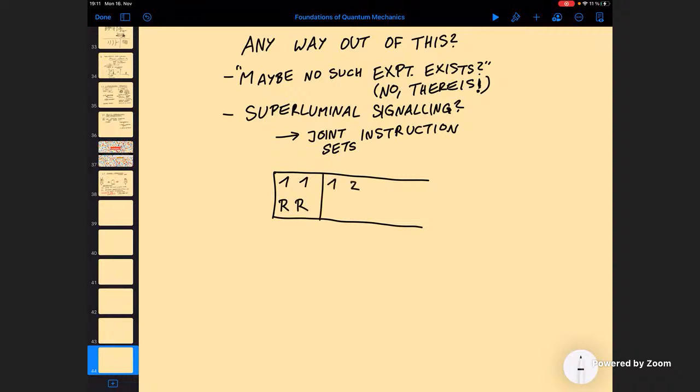If you have 1-2, you have to give green red, for example, and so on and so on. So there would be 9 such entries in the table. And then, of course, again, everything is possible, but that we already knew. So if you have communication, you can do anything. Okay.